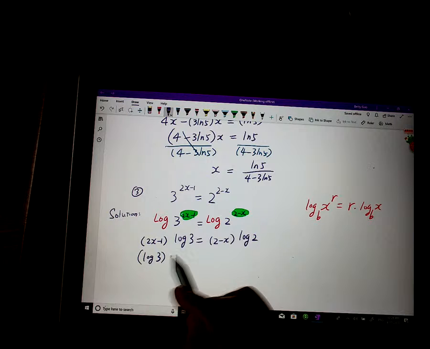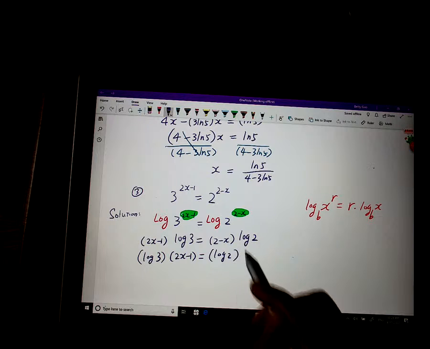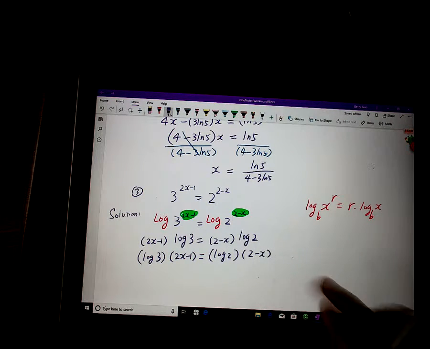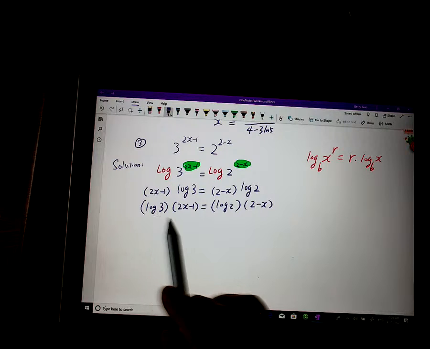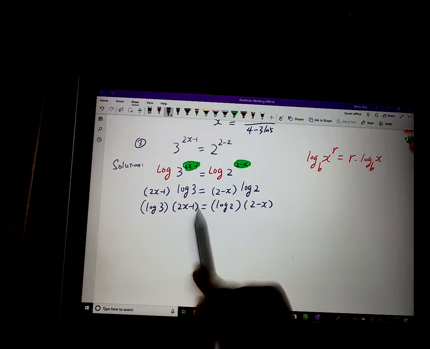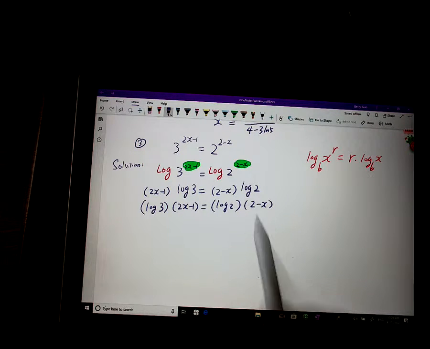This is a number times 2x minus 1, and log of 2 is a number times 2 minus x. Common logarithm of 3 is the coefficient of this parenthesis, and common logarithm of 2 is the coefficient of this parenthesis.